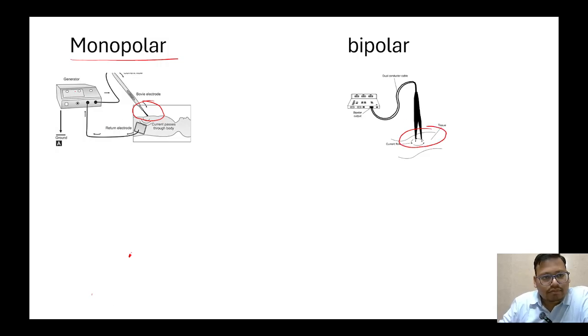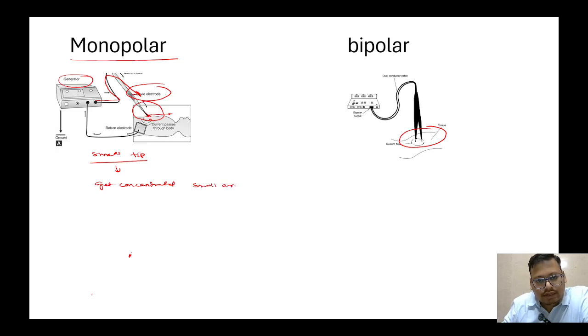I have told you, from the generator, the current flows through this active electrode to the body and to the desired tissue. Because the probe tip is very small, the current gets concentrated at a very small area. The concept is a very small area.